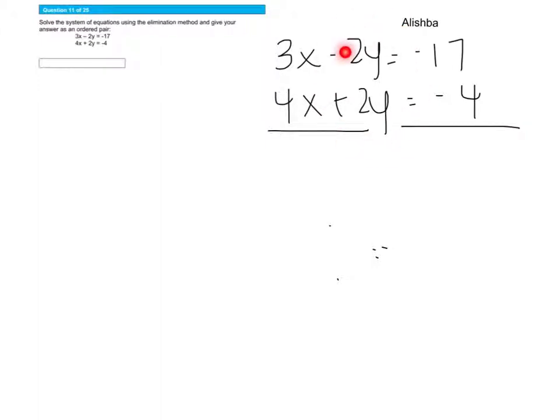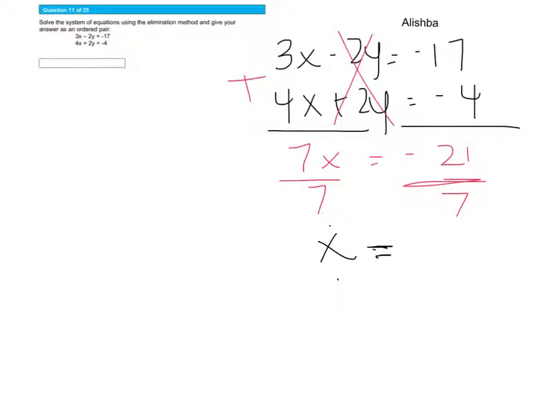Since we have coefficients that are opposites of each other, those automatically cancel out, leaving us with the rest of the equation, which we have to solve for. So 4x plus 3x equals 7x, and negative 17 plus negative 4 equals negative 21. Then I divided both sides by 7, leaving us with x equals negative 3.